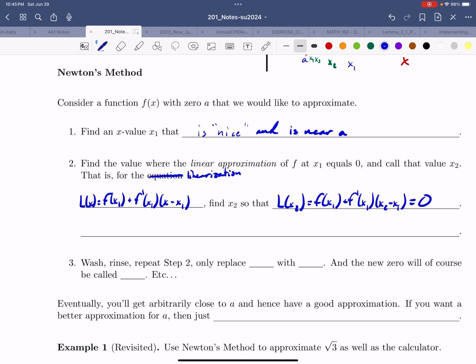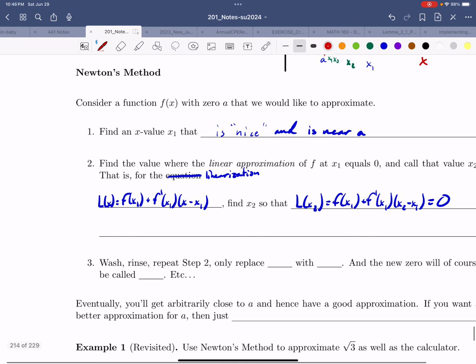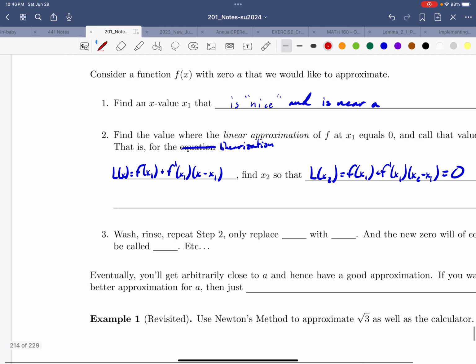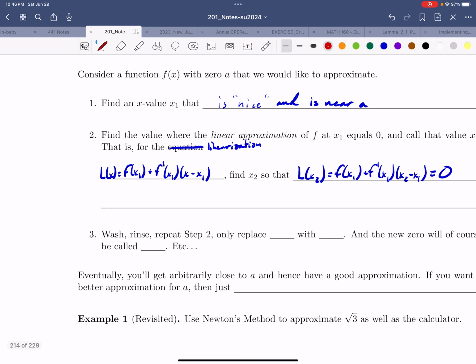0. Now, if you do the arithmetic out, I'm going to do this really quickly on the side of the page because I didn't leave a ton of space for this. Find x2 such that L of x2 equals 0. Well, what's that going to be? f of x1 plus f prime of x1 times x2 minus x1 equals 0. You should be able to solve this, no problem, right? Subtract over the f of x1.